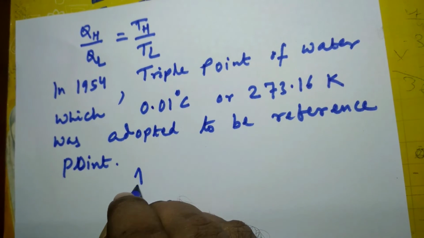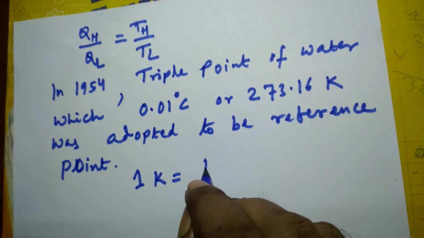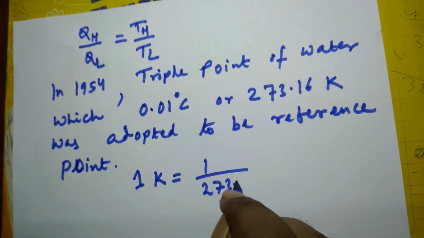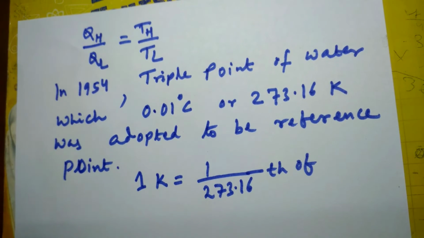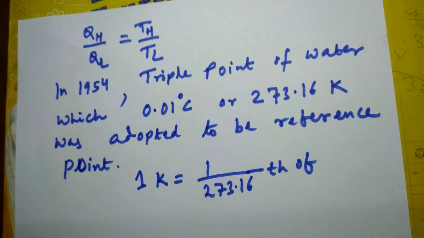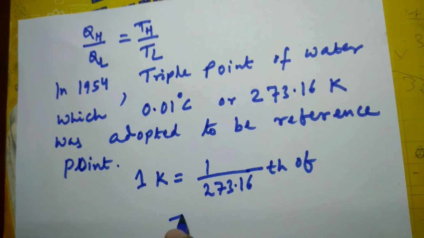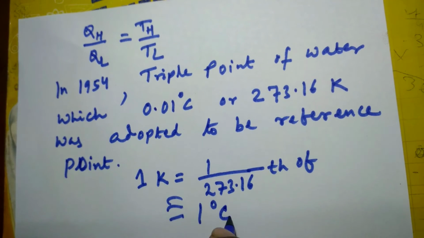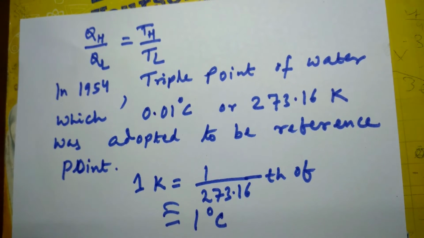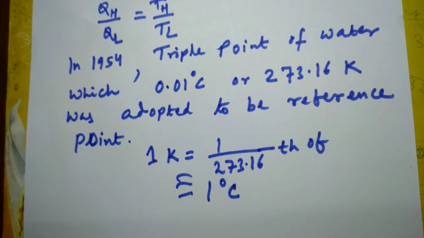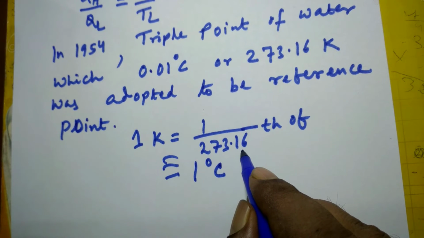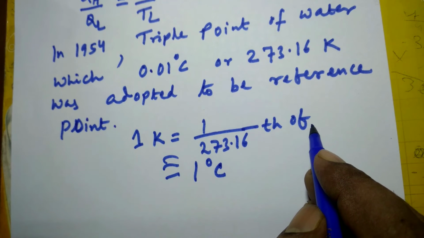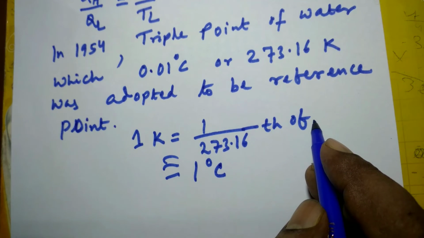And 1 Kelvin is actually 1 upon 273.16 of difference between the absolute zero and the triple point temperature of water. And 1 Kelvin is also equal to 1 degree Celsius. So what is actually 1 Kelvin? It is equal to 1 degree Celsius, and you can also define it as 1 upon 273.16 of difference between absolute zero temperature and that of triple point of water.